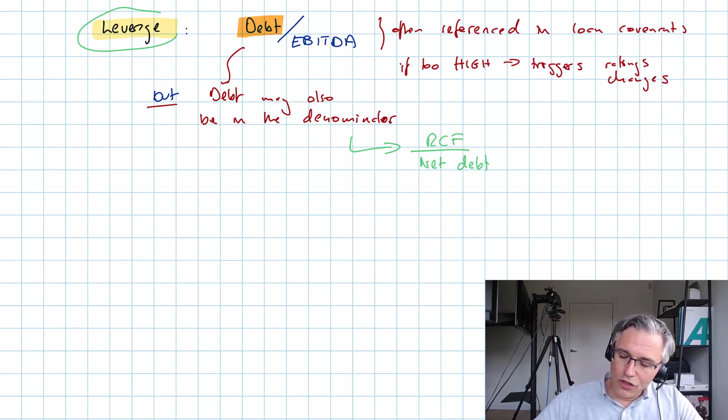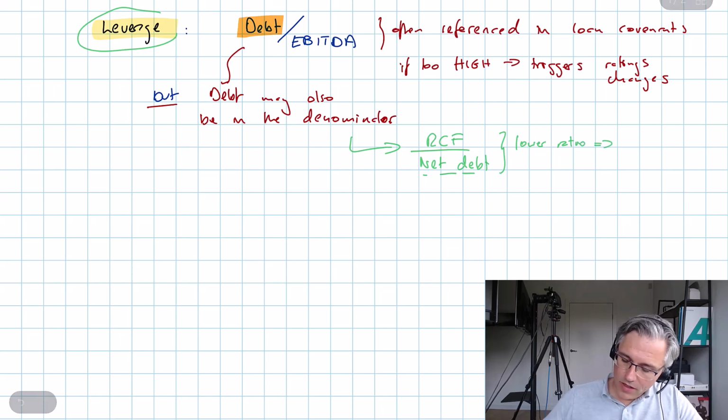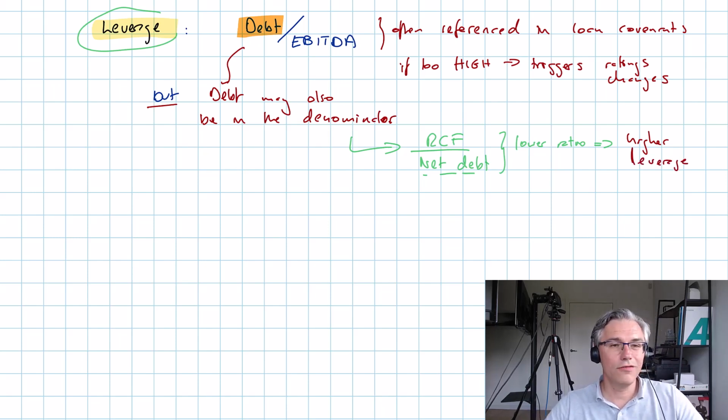And be careful what you wish for. If net debt becomes excessively high, this ratio becomes quite low. So a lower ratio signals higher leverage, which is a sign of deteriorating creditworthiness.